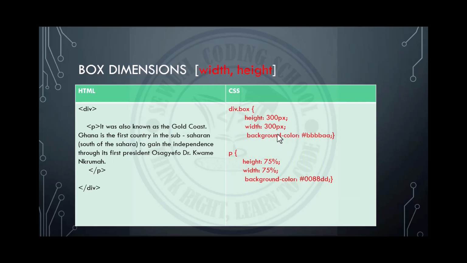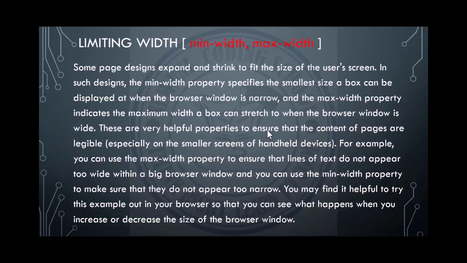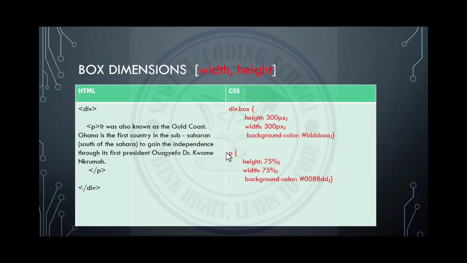It has a background color, like an ash. Whilst the paragraph has a height of 75% and a width of also 75%. It also has its own color. So this is a paragraph found within the box.